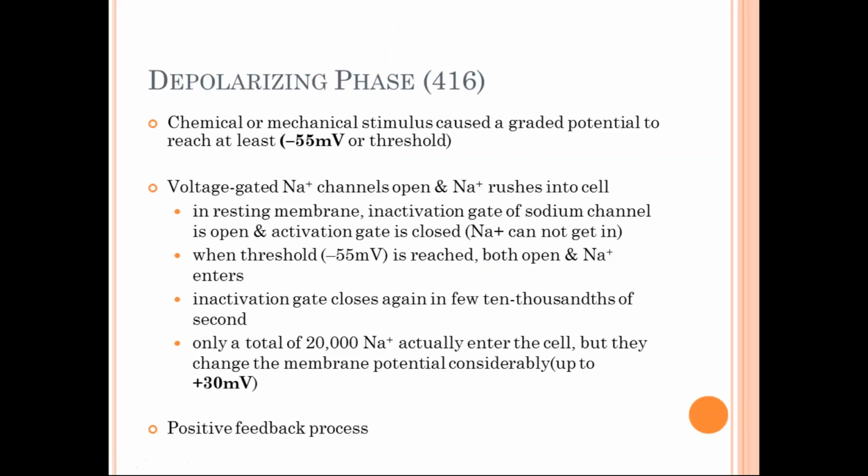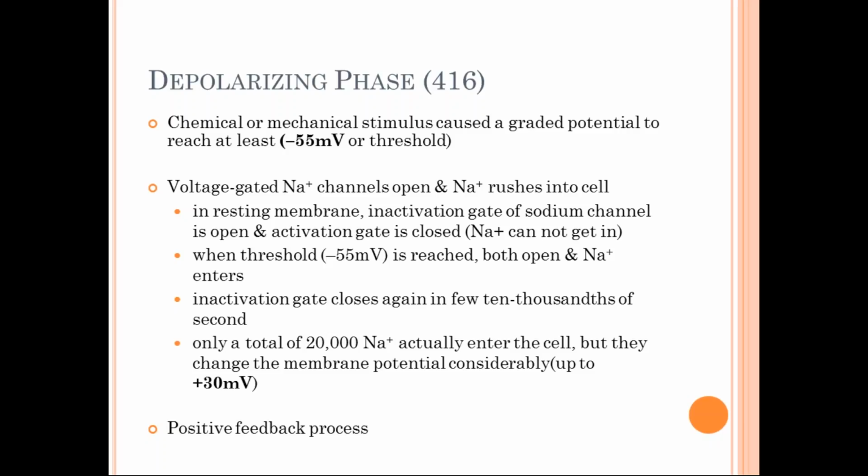Okay, so depolarization, which is stimulation. You'll have a chemical or mechanical stimulus cause that graded potential, and it needs to get to threshold, minus 55. At minus 55, that's where in that trigger zone, in the axon hillock, you'll have that first gated channel, and it pops open, and sodium rushes in.